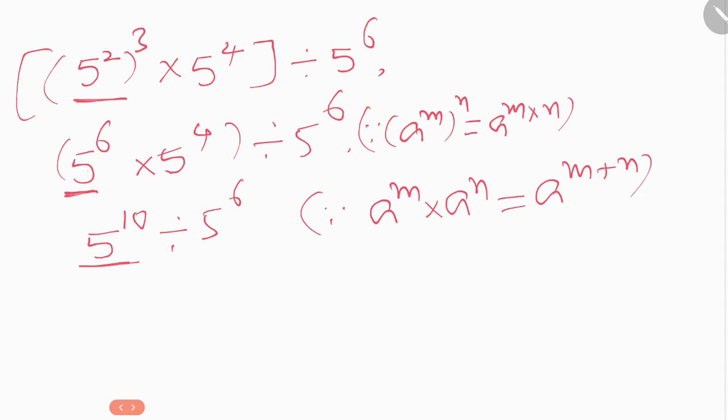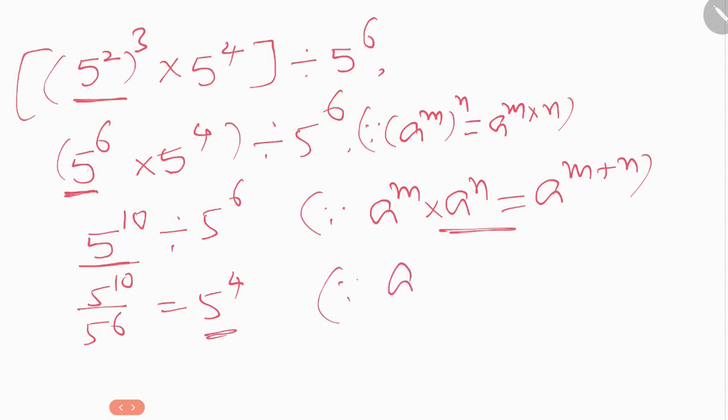Since a power m into a power n is equal to a power m plus n. By using this law I simplified 5 power 6 into 5 power 4 as 5 power 10. Now these two are in division form, 5 power 10 by 5 power 6, that is equal to 5 power 10 minus 6, that is 4. Why am I writing this?